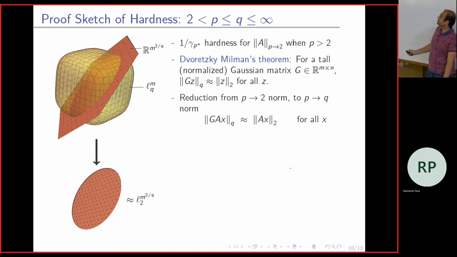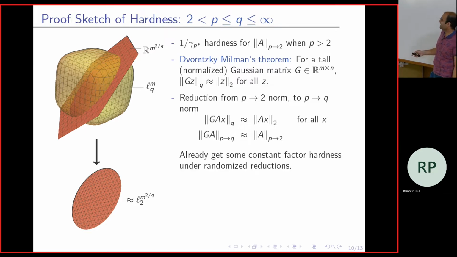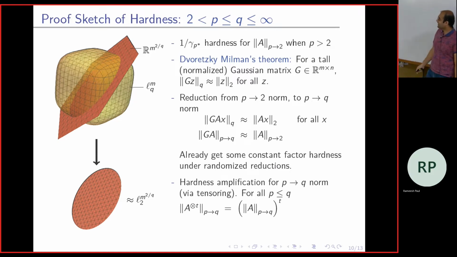So then you get a P to 2, and then you say, if I look at the Q norm of this, that's roughly the Q norm. So the P to Q norm of GA is roughly the P to 2 norm, and then we know how to do this. And that gives a constant factor approximation, where the constant is this.